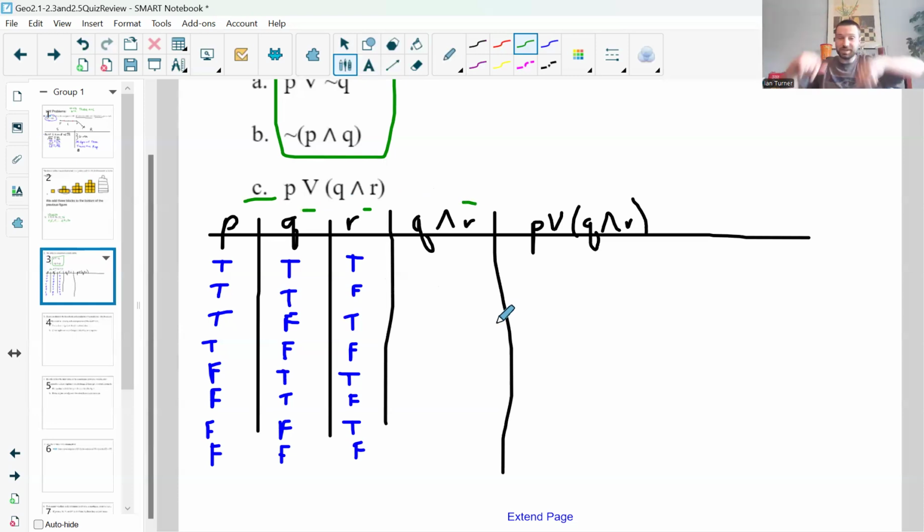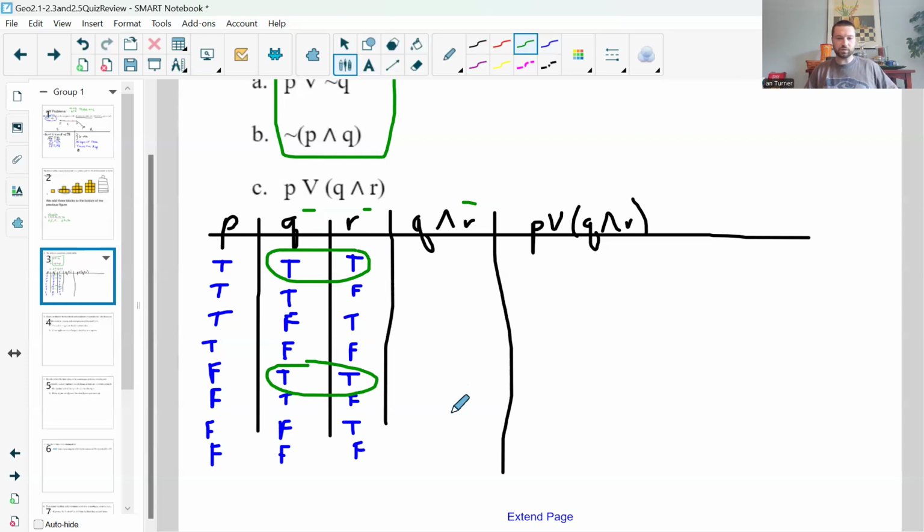Looking at Q and R, it's a conjunction. So we are true only when there's two trues. You could go through line by line and pick out each one, or you could look, the conjunction is only true when two trues are true. We got one there, and we got one here, and that's it. Everywhere else is false.